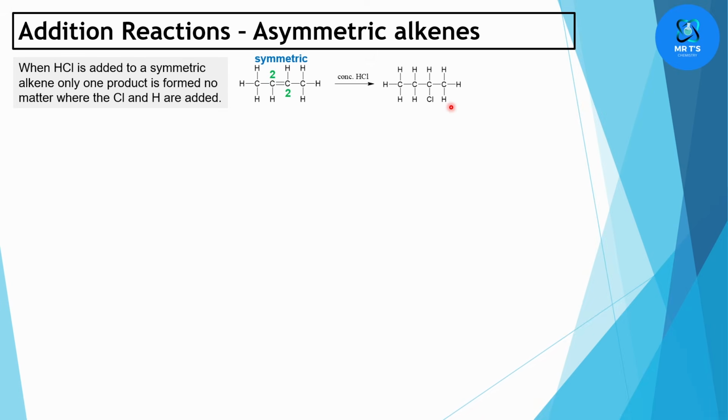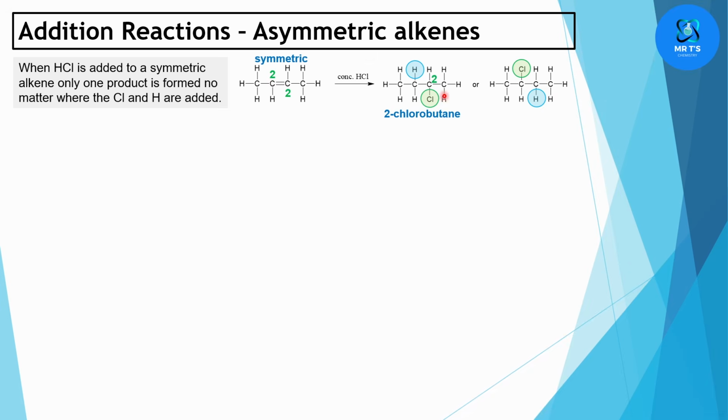So what happens is we could either put the hydrogen up here, or we could put the hydrogen down here. We can have the hydrogen coming off the second carbon on the left and the chlorine off the third carbon, or we can have the hydrogen coming off the second carbon on the right and the chlorine off the other carbon.